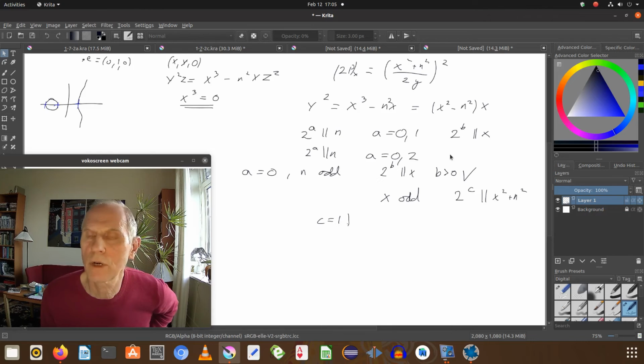My God, what am I doing here? They may have 2 in the denominator or in the numerator, and I'm thinking as if we are dealing with integers here.